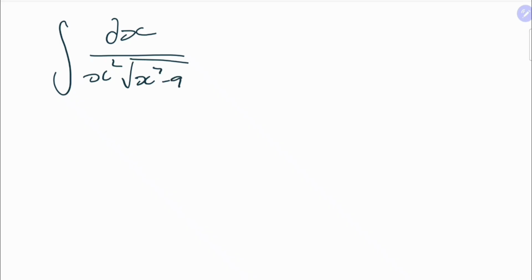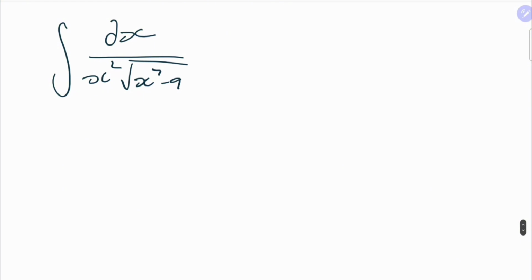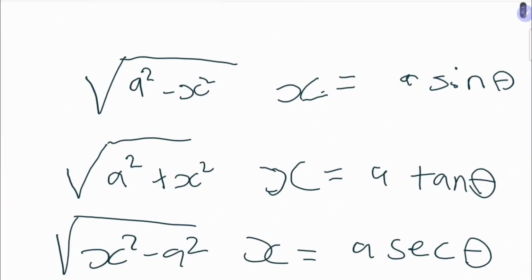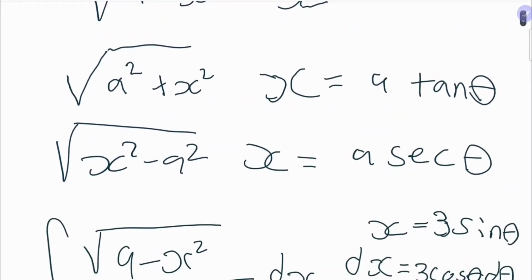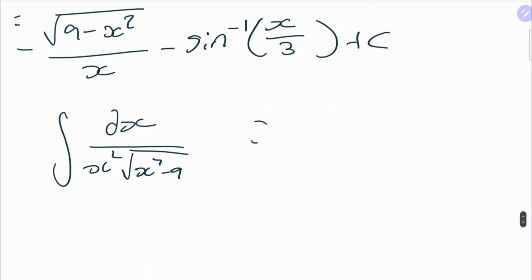Here in this integral you can see that we have x squared minus a squared. So let's go back up here. What is x squared minus a squared? It is x equals a secant theta. So in this case x equals 3 secant theta.